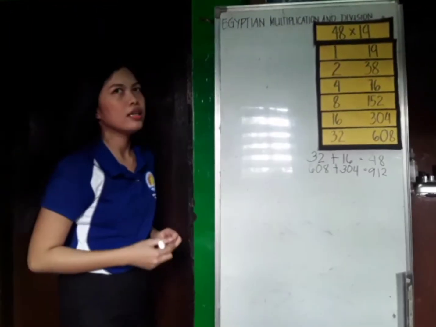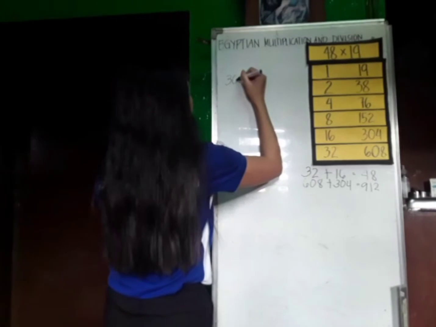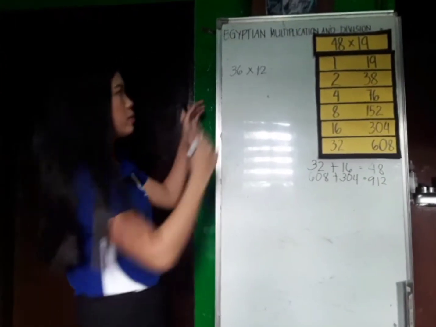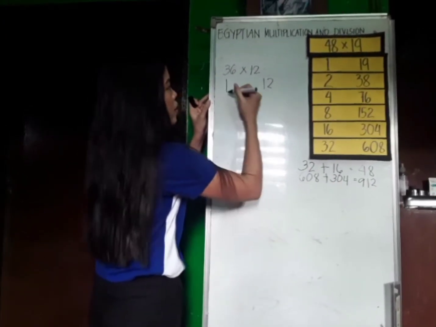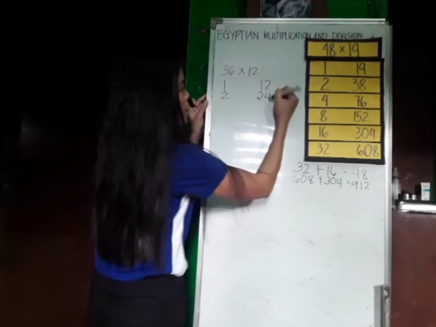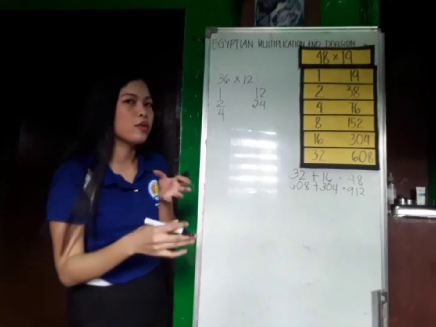So we have here, let's think of a number, 36 times 12. Again, we start with 1, and that will be 12. 2 will be 24. 4 will be 24 plus 24, 48.